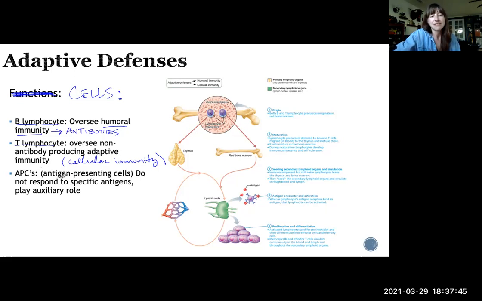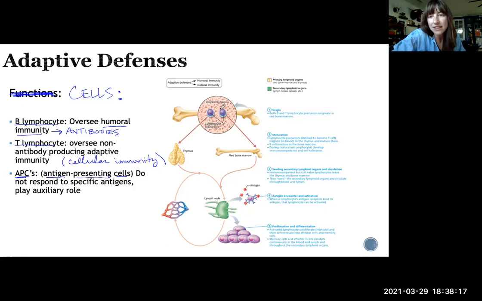Having APCs as a middleman to introduce an antigen to a T lymphocyte, so that the T lymphocyte needs this middleman before it can attack anything or recognize something as an antigen, is kind of a secondary layer of protection for your own body against your own immune system. Okay, so APCs, antigen-presenting cells, present the antigen to T cells, okay? All right, this is tough to read, I apologize.